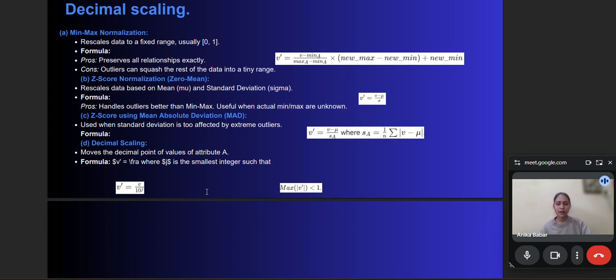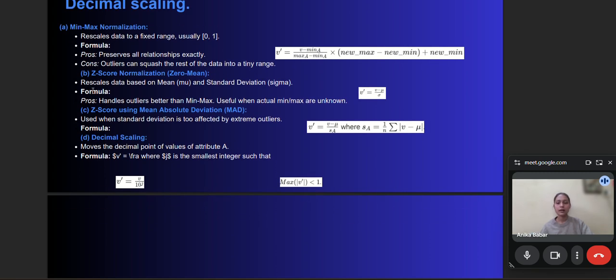Next, B, z-score normalization, which is zero mean, rescales data based on the mean and standard deviation, which is sigma. So our z score is equal to (v minus mu) by sigma, which is the standard deviation. Pros: handles outliers better than min-max, useful when actual min and max are unknown. Z score using mean absolute deviation, which is MAD, is used when the standard deviation is too affected by extreme outliers.